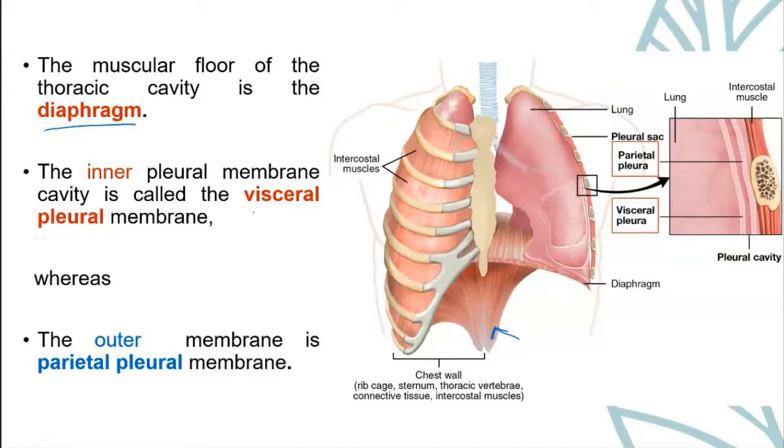The pleural membrane has 2 layers, inside and outside. The inner side is the visceral pleura, and the outer side of the membrane is the parietal pleura. So that one you have to remember.